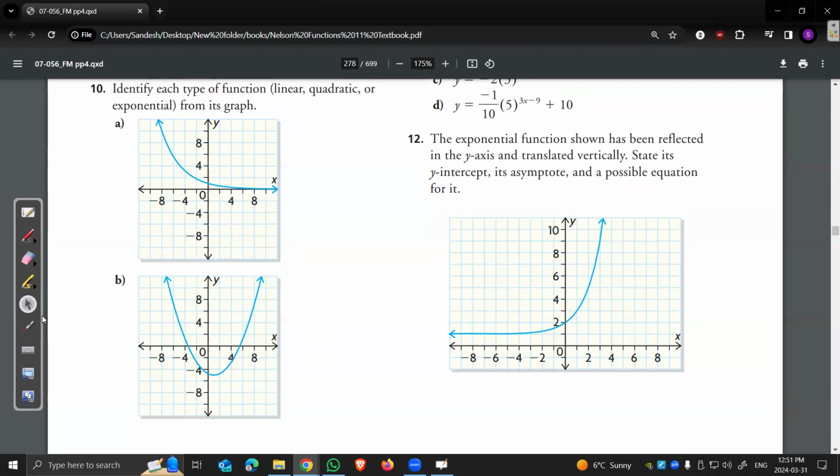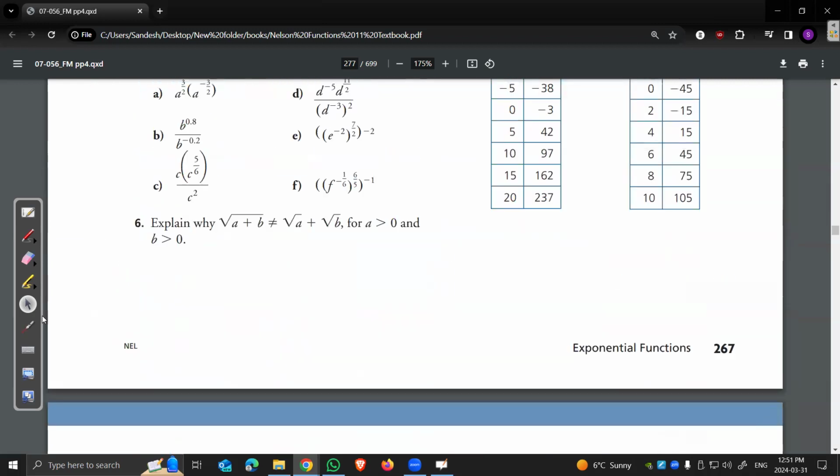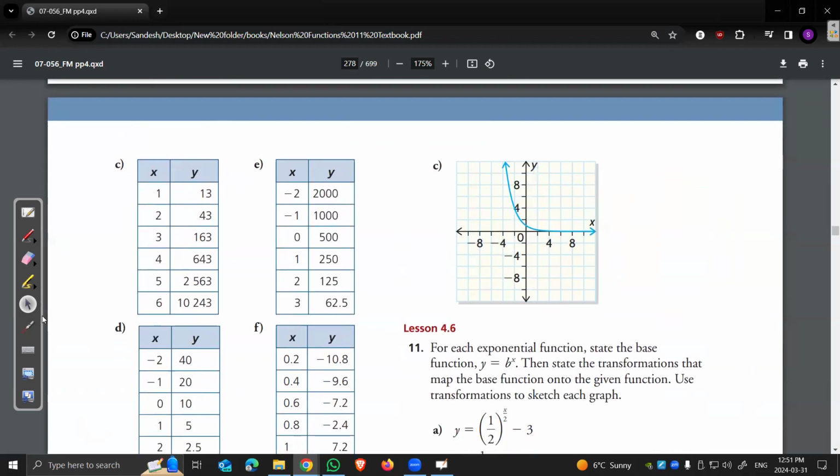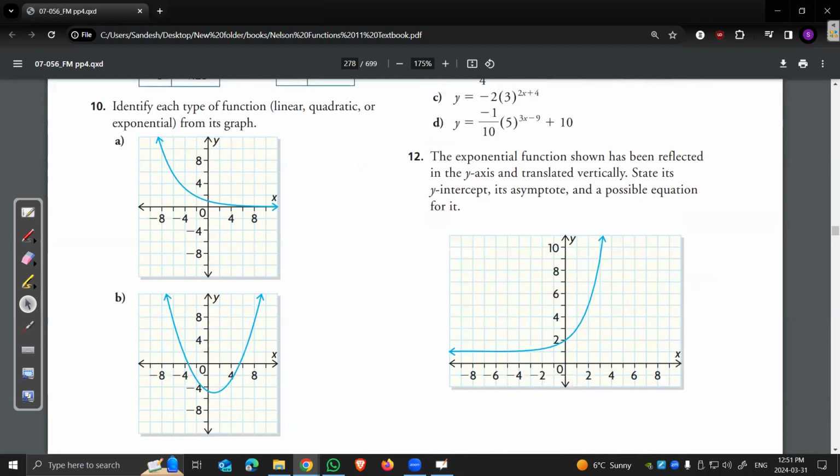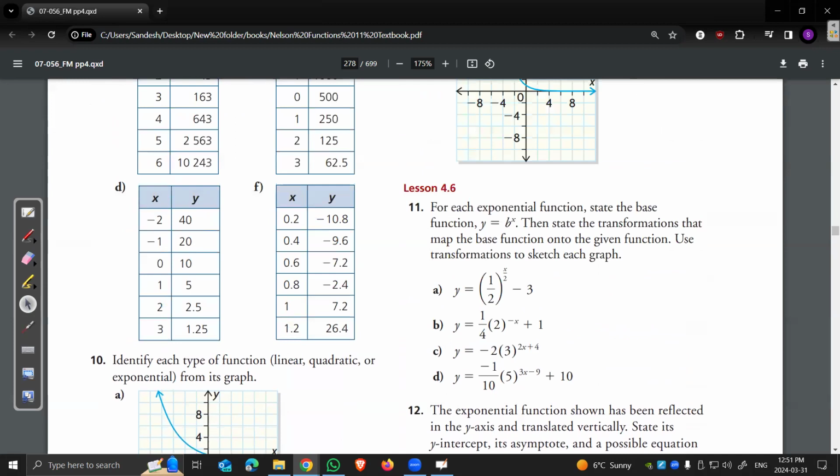It's positive. A is positive. If it's opening up, a would be positive. What about C? Is the b value there less than 1 or greater than 1? Less than, yeah, exactly. Because it's decreasing, decay, decreasing. If it was going up, like this one, then b value is greater than 1.